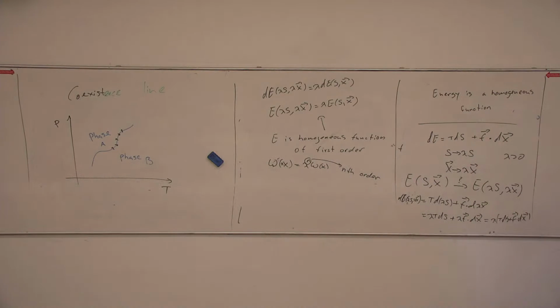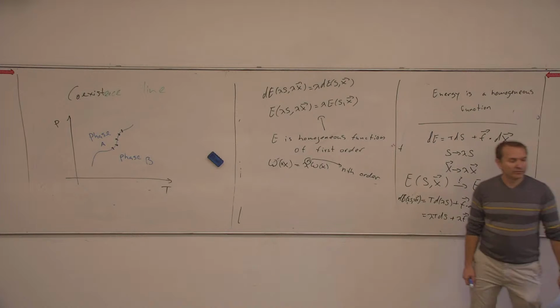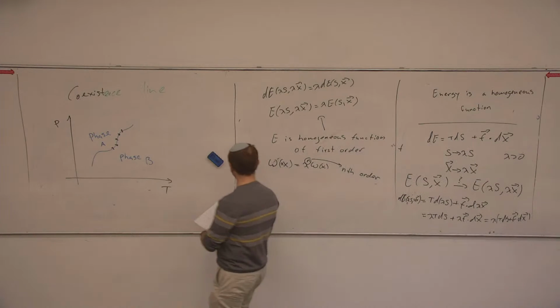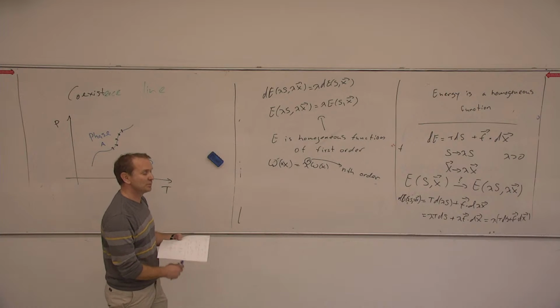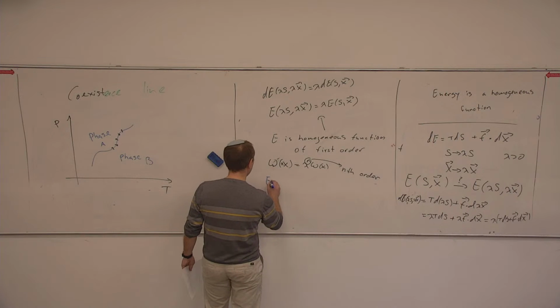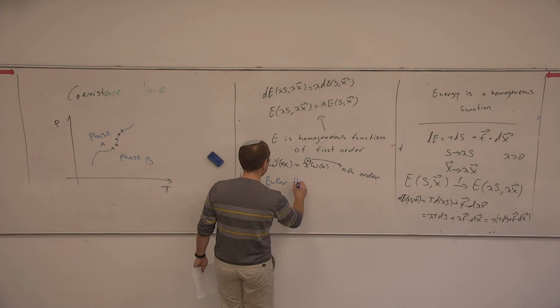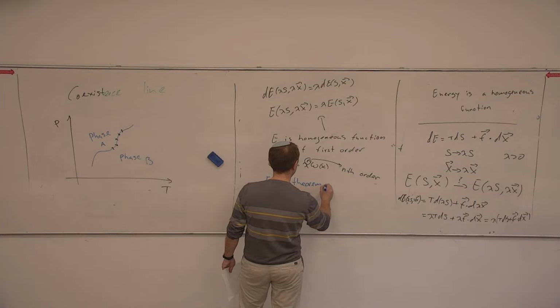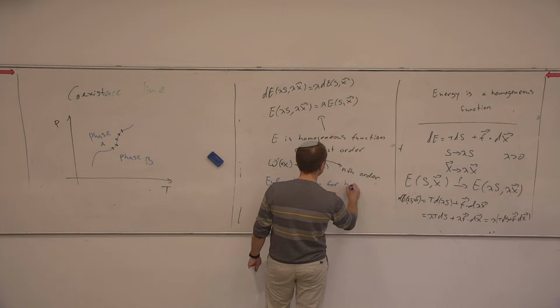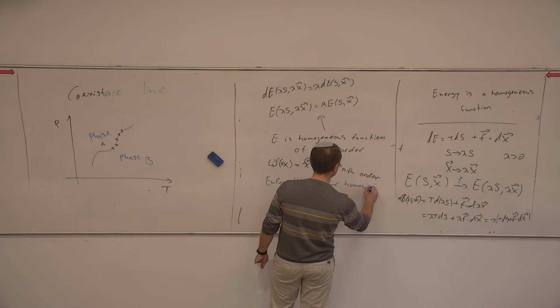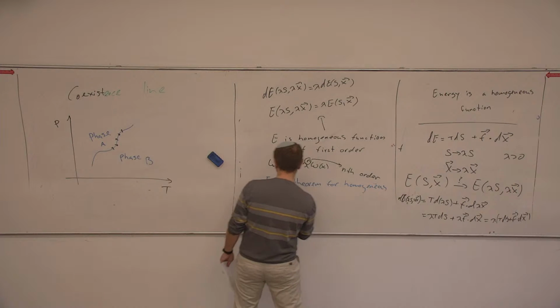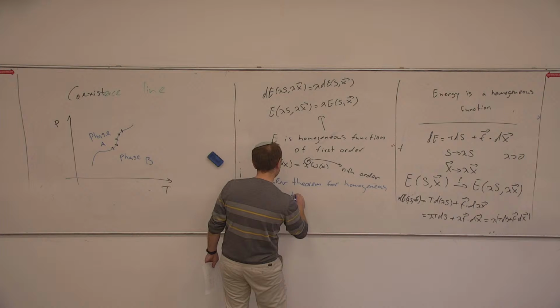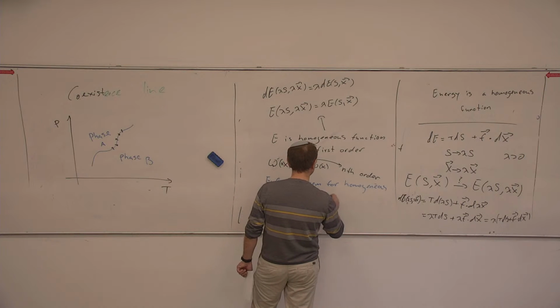Because Euler, a very long time ago, proved a nice theorem about homogeneous functions. So, the Euler theorem for homogeneous functions of first order.